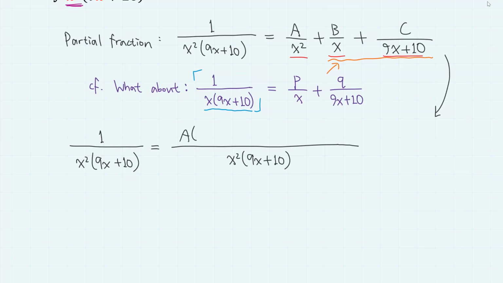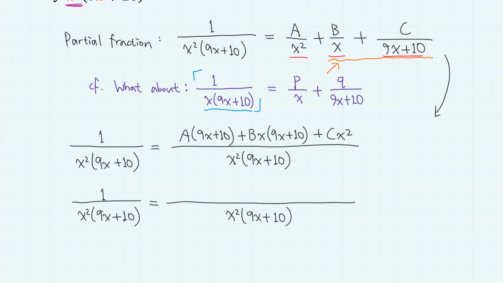we have a multiplied by (9x plus 10) plus b multiplied by x times (9x plus 10) plus c multiplied by x squared, which can be rearranged into (9b plus c) x squared plus (9a plus 10b) x plus 10a.